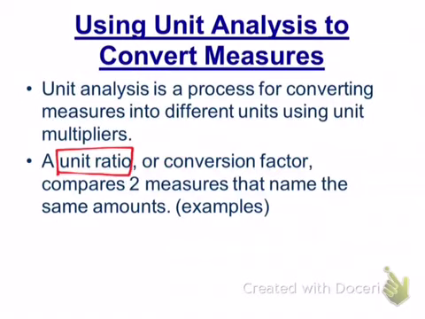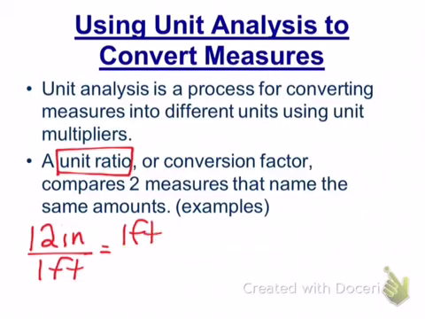What are some examples of unit ratios? 12 inches is 1 foot, or we could say 1 foot over 12 inches. We can say that because both of those have a value of 1. If you divide something by an equal amount, then you get a value of 1.